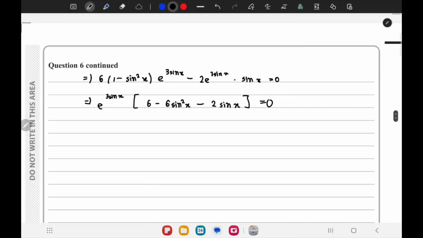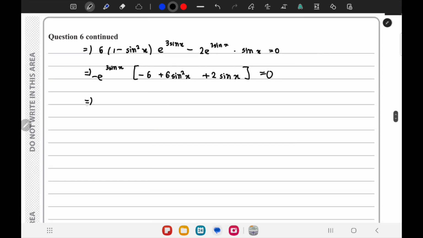We can also move a minus outside, so we'll get a plus sin square, and the equation will be 6 sin square x plus 2 sin x minus 6 equals to 0. So this is A, this is B, and this is C. You can also flip this. You might also get A equals to minus 6, B equals to minus 2, and C equals to 6 as well.